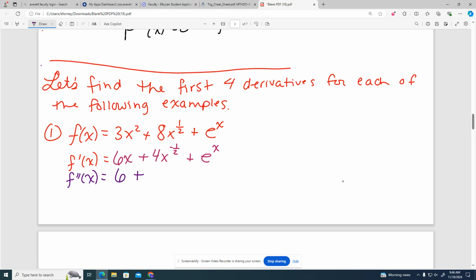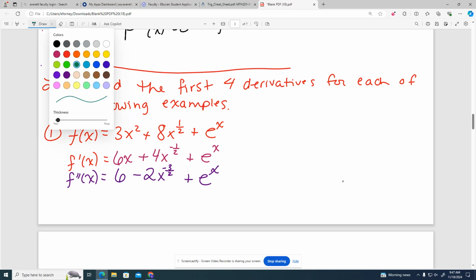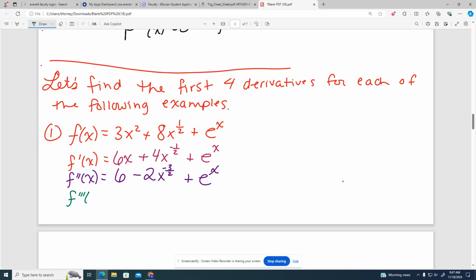Now for the 4x to the negative 1/2, that derivative becomes negative 2x to the negative 3/2 plus e to the x. Now, the third derivative, that 6 does now become a 0, and we just don't have to write it.